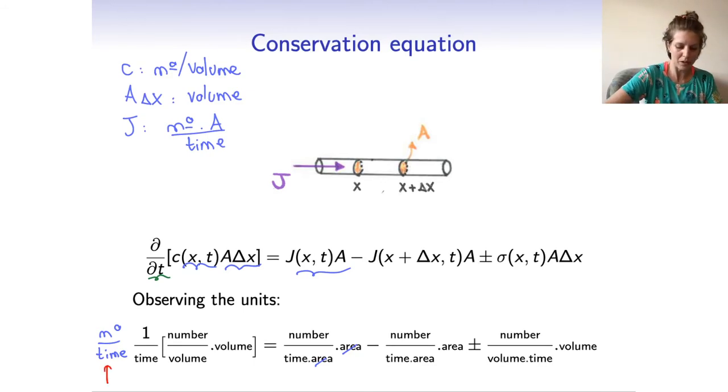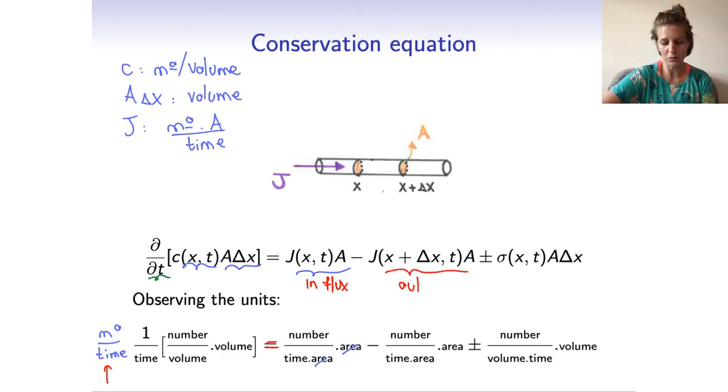Because of this equality, everything on the left hand side should have the same unity as the quantities on the right hand side. So these are the influx, what comes in minus what goes out, and plus or minus the sink or source.